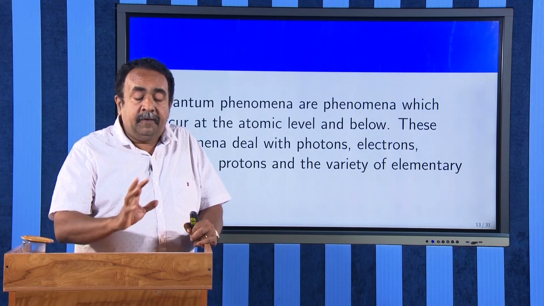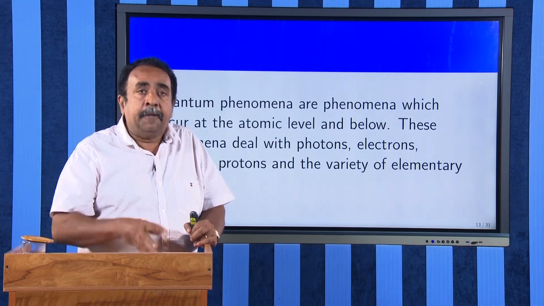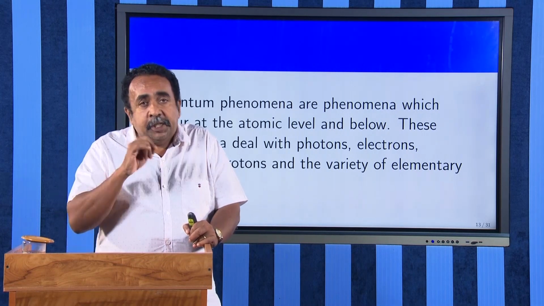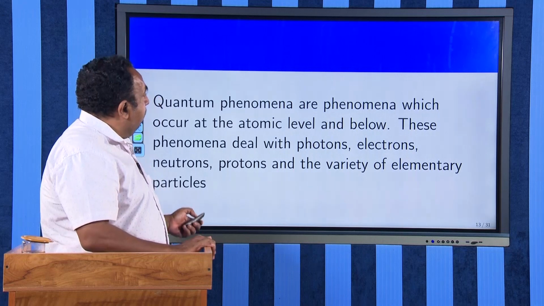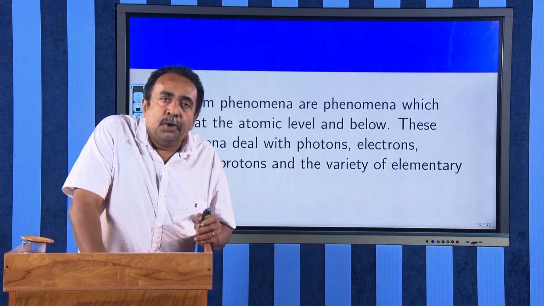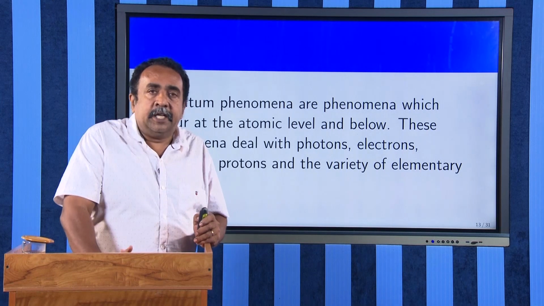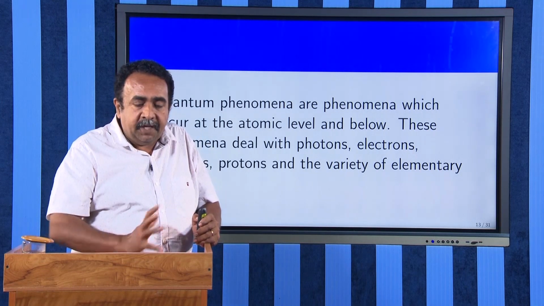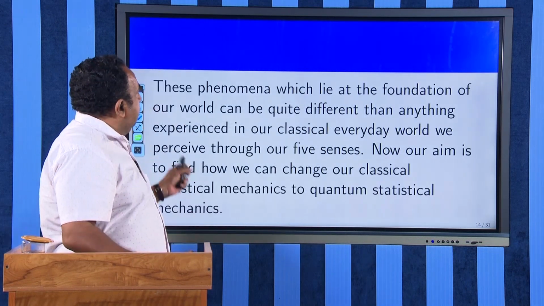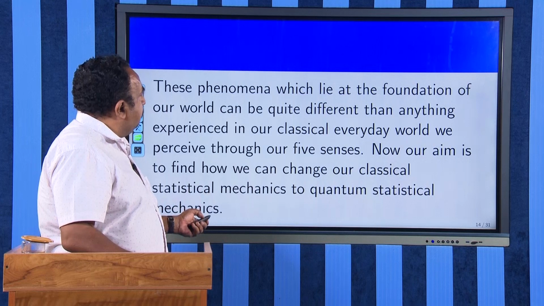They will be having a spin, and that intrinsic spin is basically a quantum property. We will have to take into account these quantum properties if we want to convert our classical statistical mechanics into quantum statistical mechanics. And this I had explained to you.